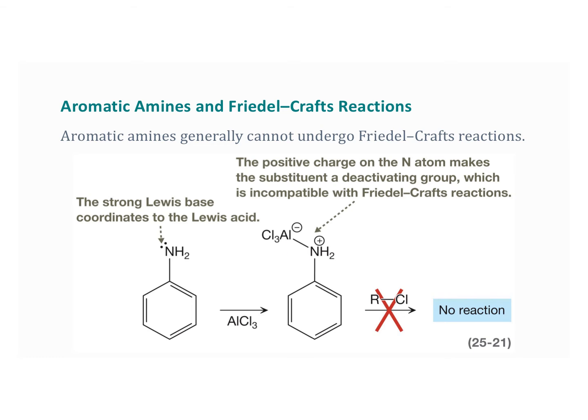So it's going to coordinate with the Lewis acid, aluminum chloride's the Lewis acid there, and that complex makes it highly deactivating and makes Friedel-Crafts reactions unfeasible. Folks, this is really super important. It's a synthetic trap that is used a lot in questions, so just be aware of that.